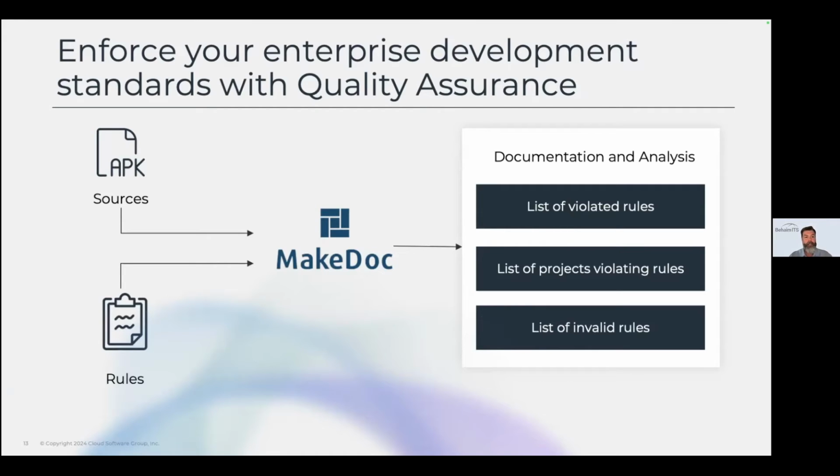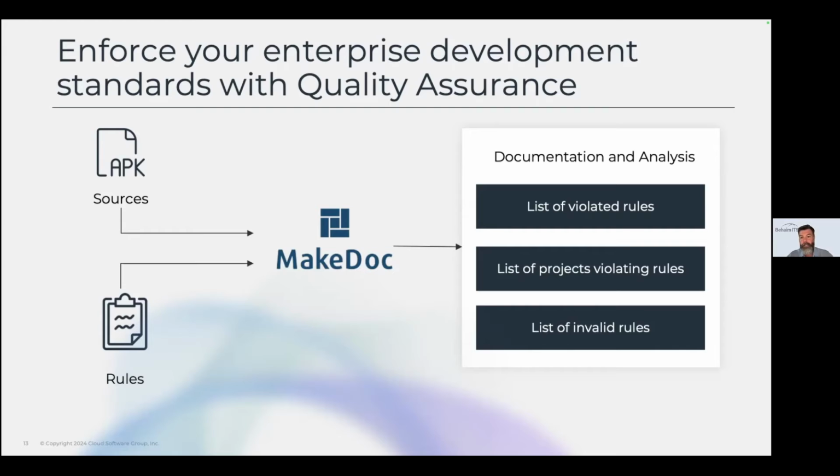If you combine your source code with those rules and apply the rules on the source code, MakeDoc generates a report which consists of a list of all violated rules, and also provides you a list of projects that are violating some rules.